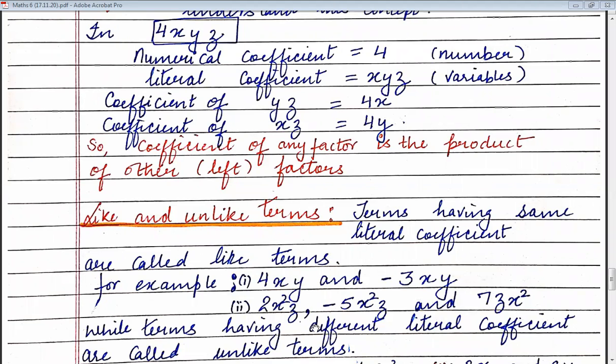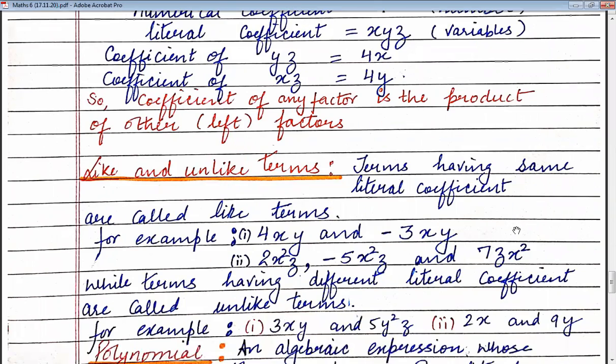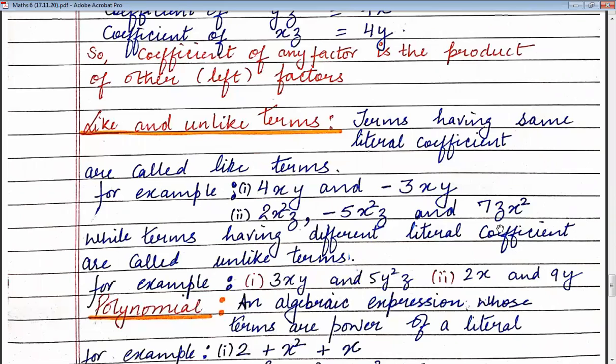like terms. One more example, 2x square z, minus 5x square z and 7zx square are having same literal coefficients. That is x square z, x square z, even here also x square z. So they are called like terms.